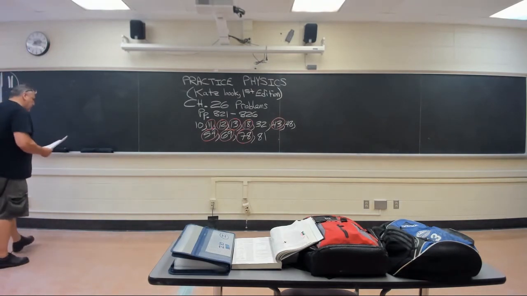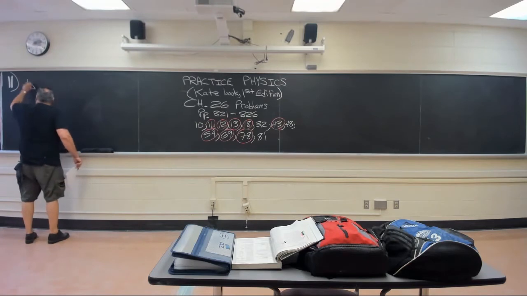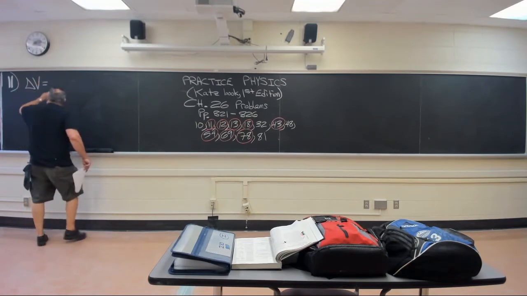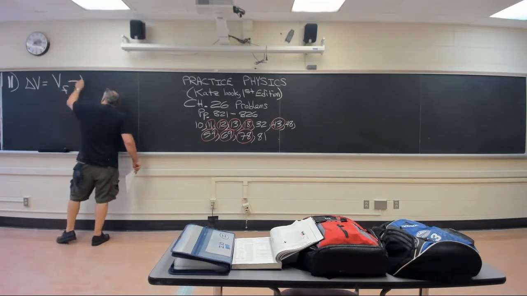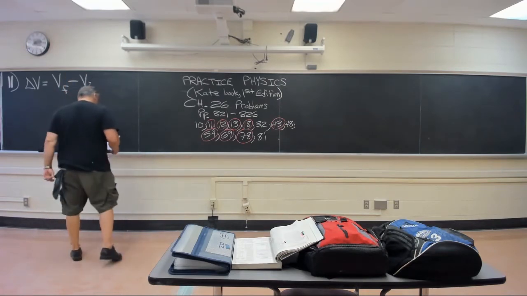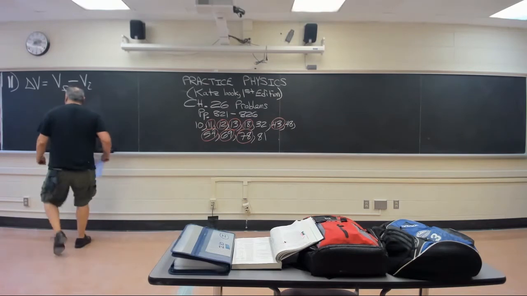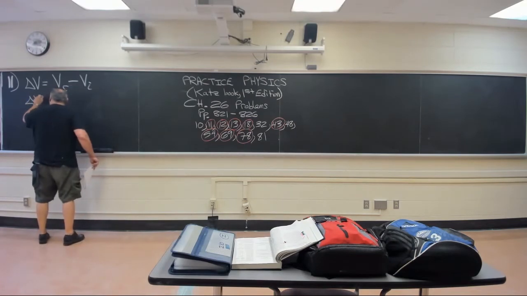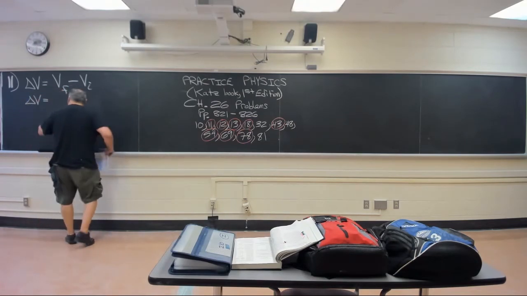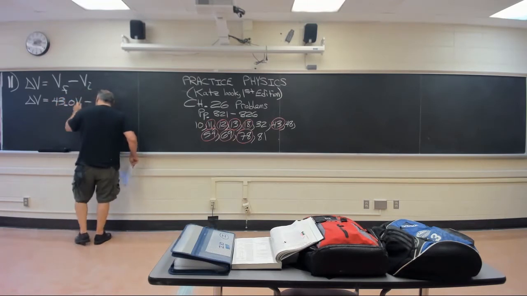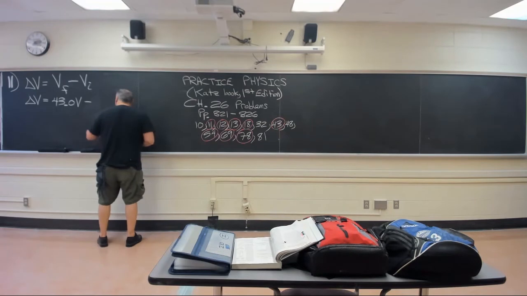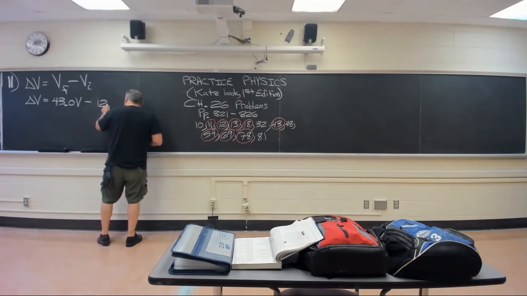For 11, the change in potential, delta V, is the voltage at the final destination minus the voltage at the initial destination. So you've got 43.0 minus 12.4.